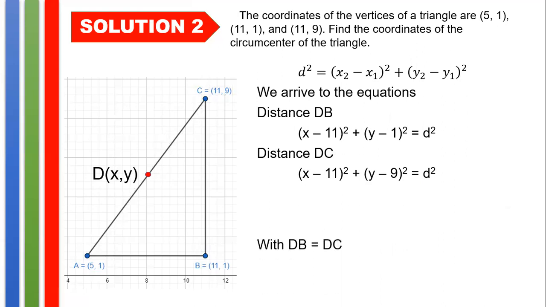Again, with DB equals DC, and since both of them are equal to d squared, it is okay to equate their left-hand sides.